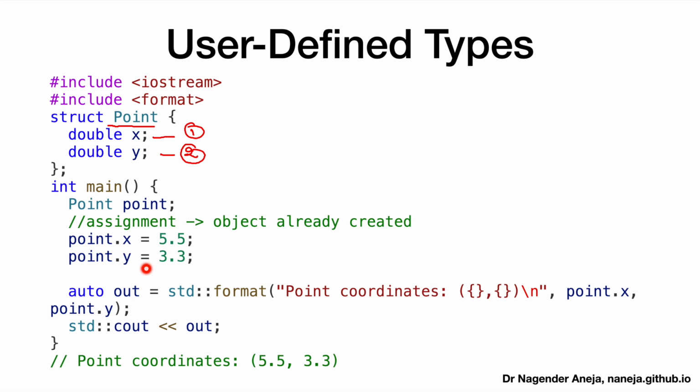And we are using here the assignment operator, not the braces operator initialization. The reason is that the object has already been created, and once the object has already been created, we need to use the assignment operator. We can't use the braces. And then you can display the values of the point. Then it will display the values that we have initialized, 5.5 and 3.3.